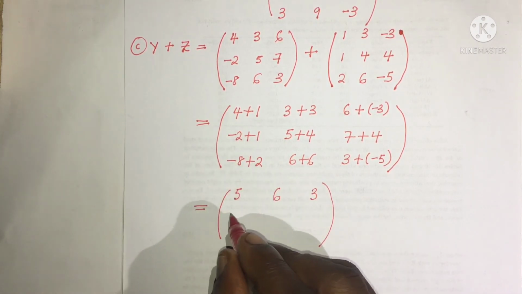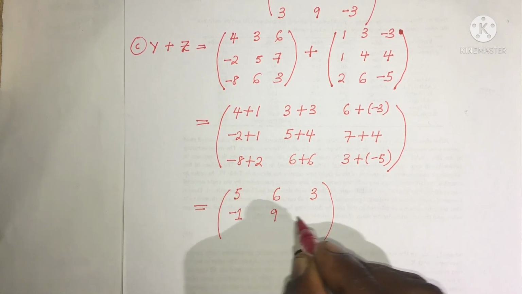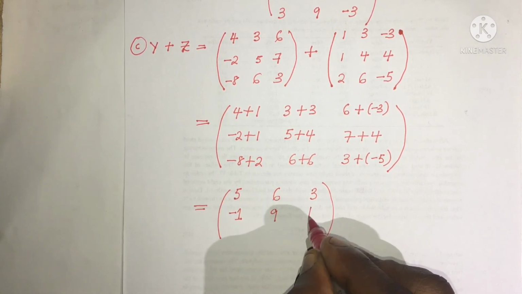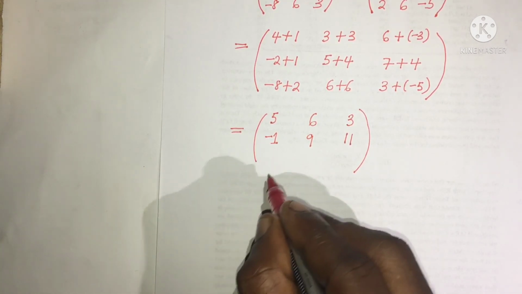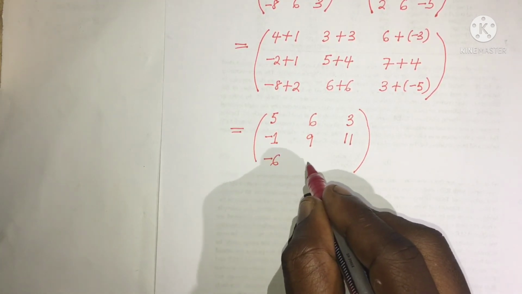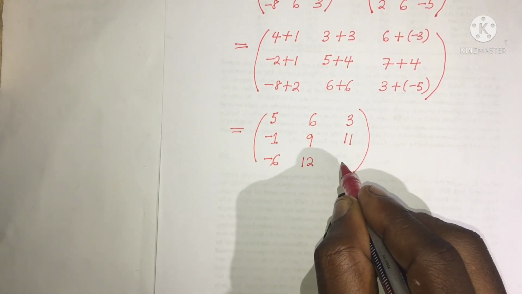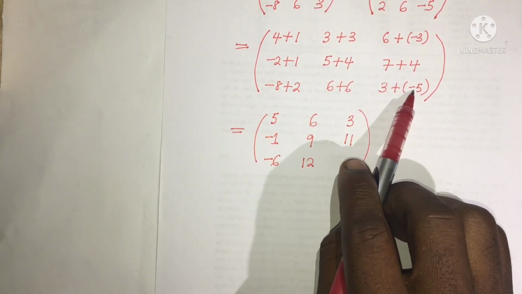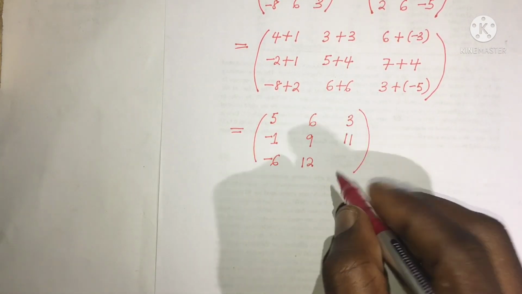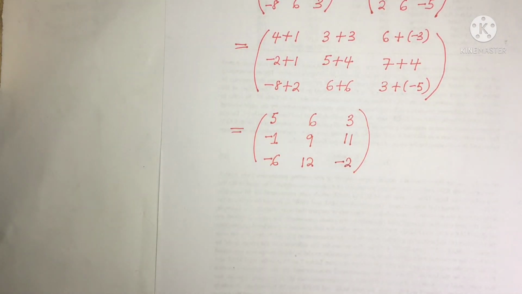Minus 2 plus 1 is minus 1. 5 plus 4 will give you 9. 7 plus 4 will give you 11. Minus 8 plus 2 will give you minus 6. 6 plus 6 will give you 12. 3 plus minus 5 reduces to 3 minus 5, and that's because plus multiplies minus to give minus. So 3 minus 5 will give you minus 2, and that solves the problem.